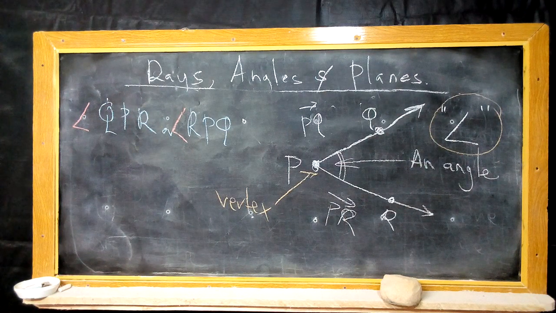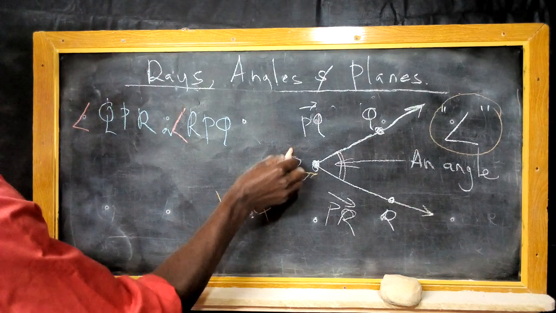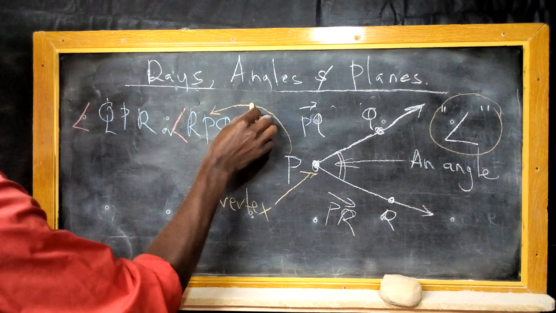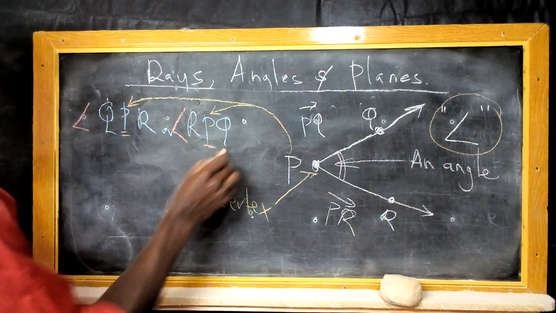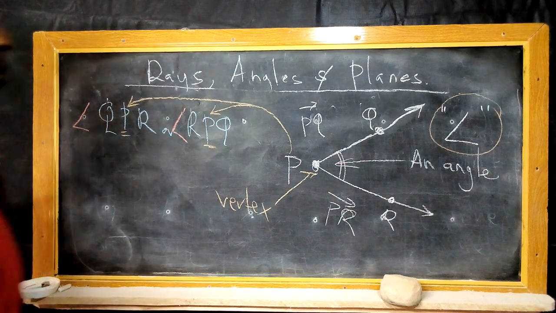We also see that the vertex, which is point P, whenever we are denoting an angle, lies in between those letters. It's our common point P. So that's how we denote angles when we are talking about the junction of two rays that have come together.